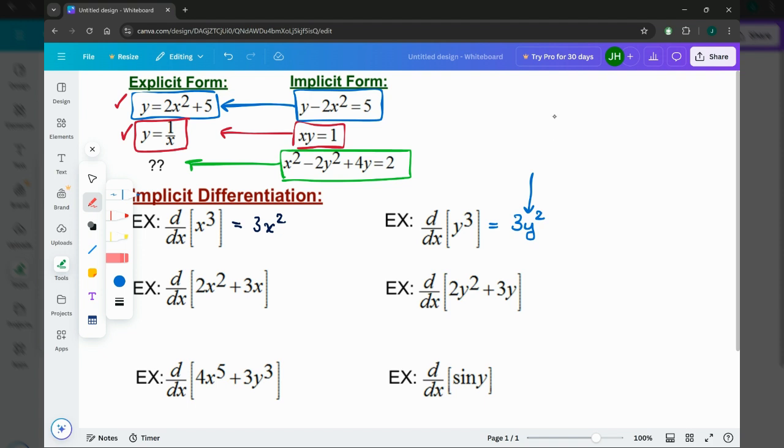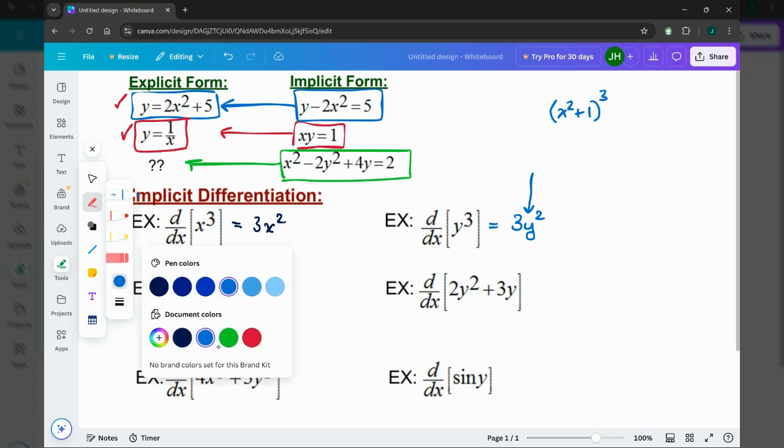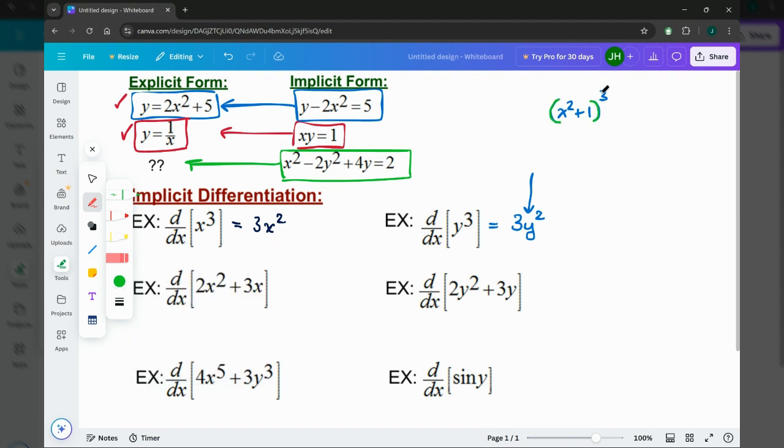If you've watched my other videos, even before this, we talked about the chain rule. If you had a function, let's say x to the second plus 1, and you raise that to the third power, to take the derivative, you need to take the derivative of this outside function.